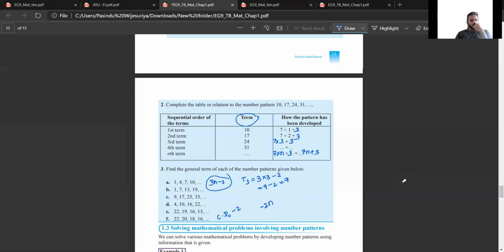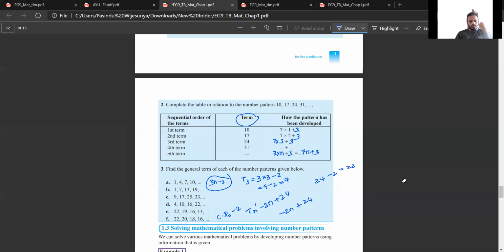For the first term, minus 2. How much do you need from what you minus 2 to get 22? It should be 24, because 24 minus 2 is 22, and this will be your tn. Let's check it with number 18. So minus 2n plus 24.